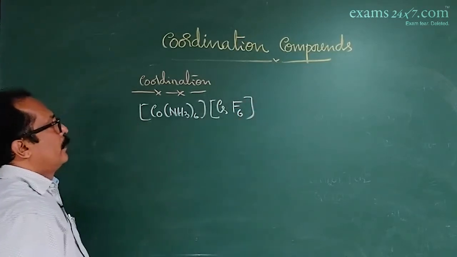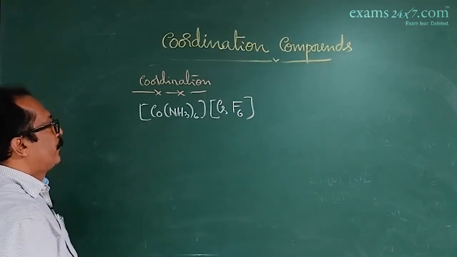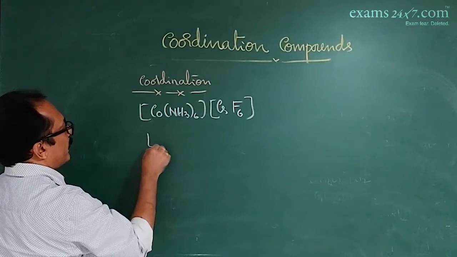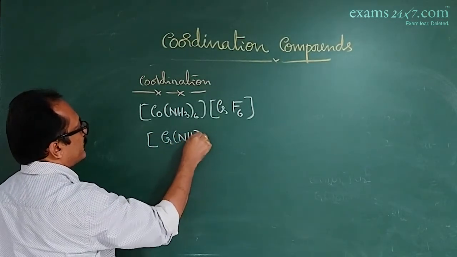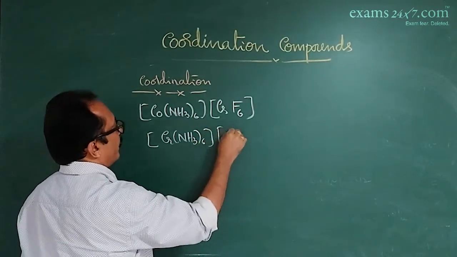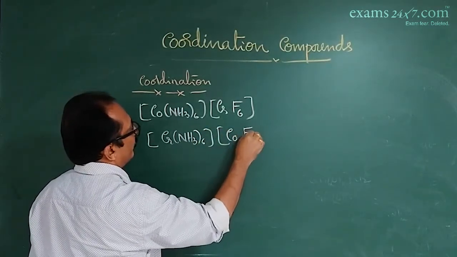Now, in this complex, you can write another isomer like this: [Cr(NH3)6][Co(CN)6].